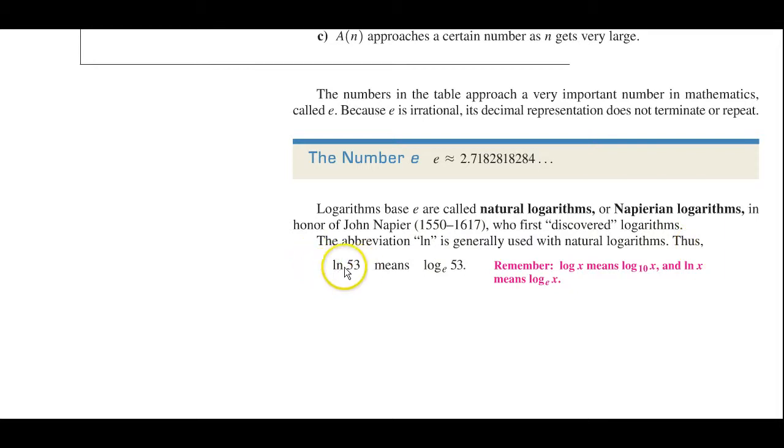Thus, when you see something like LN 53, this is the natural log of 53, or the log base E of 53.